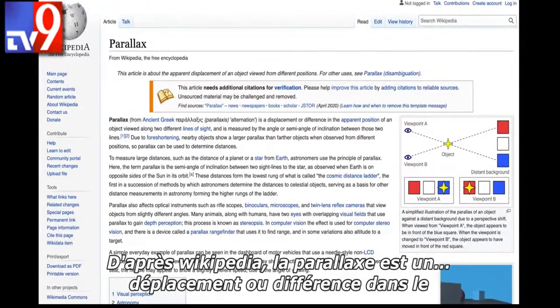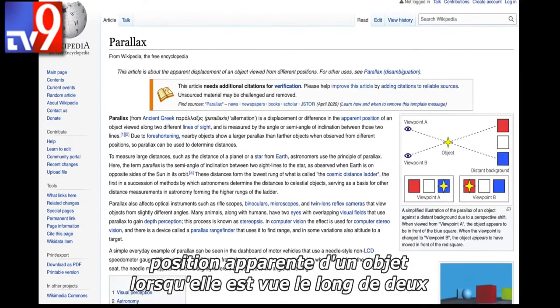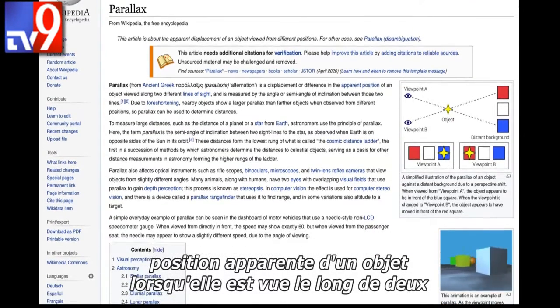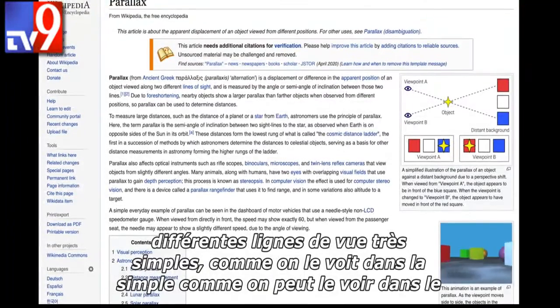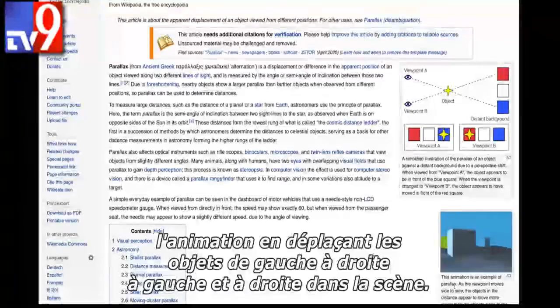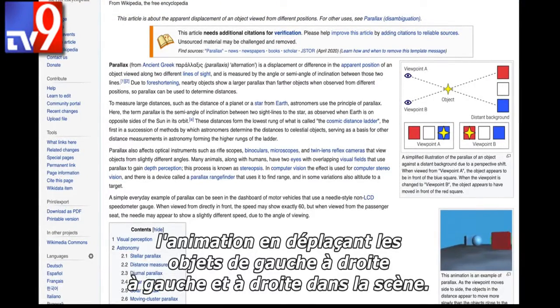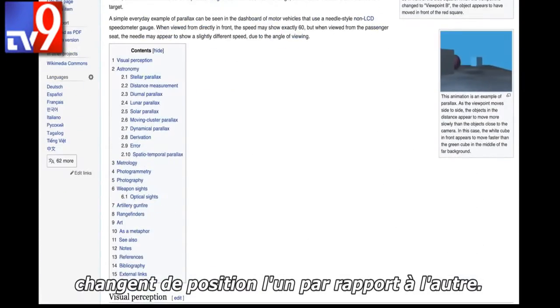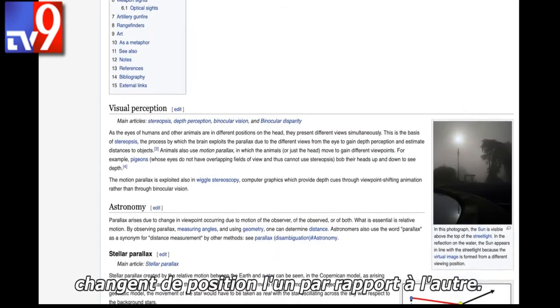According to Wikipedia, parallax is a displacement or difference in the apparent position of an object when viewed along two different lines of sight. Very simple. As you can see in the animation, as you move left and right, objects in the scene change position relative to each other. Great article.